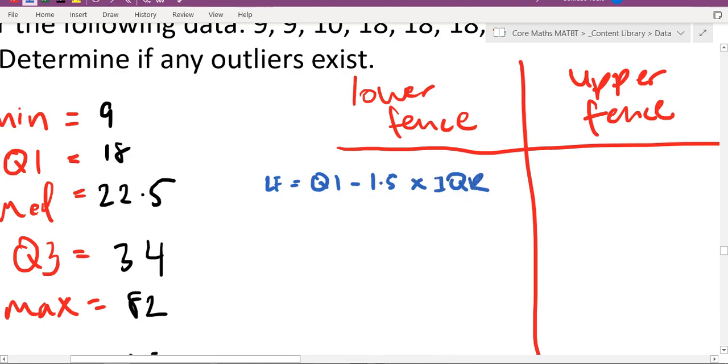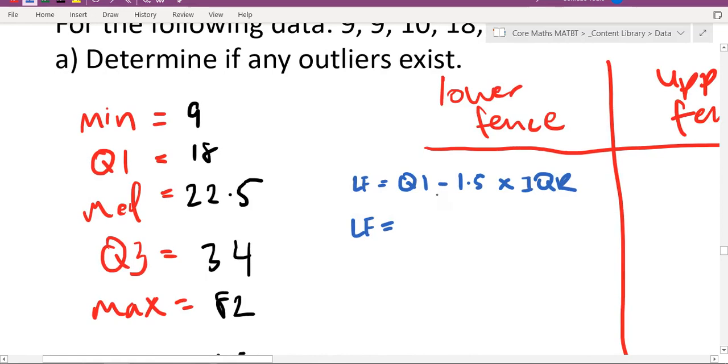Make sure you rewrite it because it's quite helpful to have it on you all the time. So the lower fence is going to be Q1, which is 18, take away 1.5 times my IQR of 16.